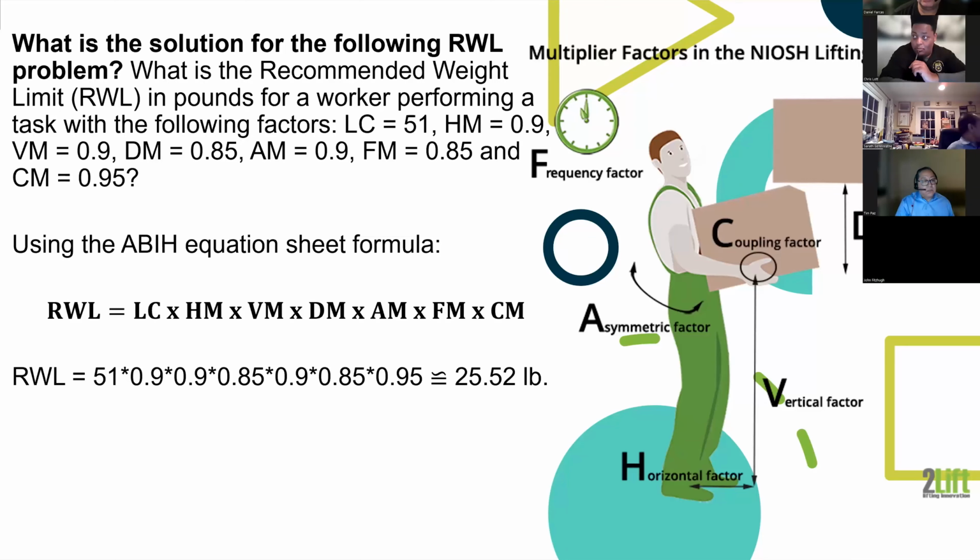So let's see what factors we have here: the frequency factor, coupling factor, distance factor, asymmetric factor, vertical factor, horizontal factor, and LC, I forgot what LC stands for. But anyway, are you ready? We're gonna start. 3, 2, 1, go.